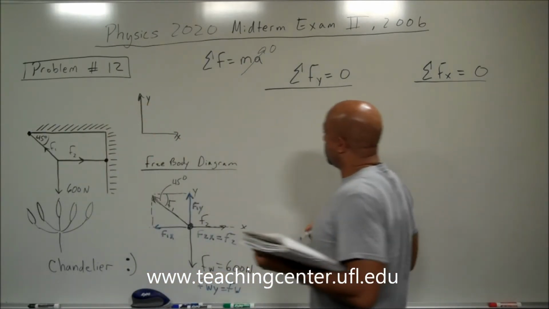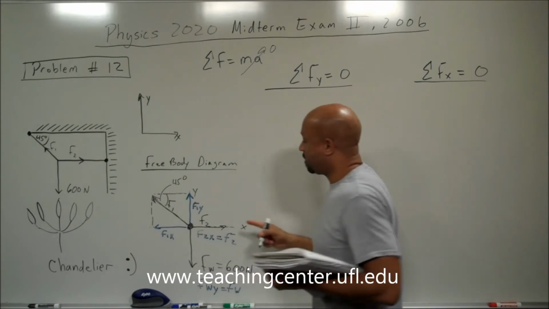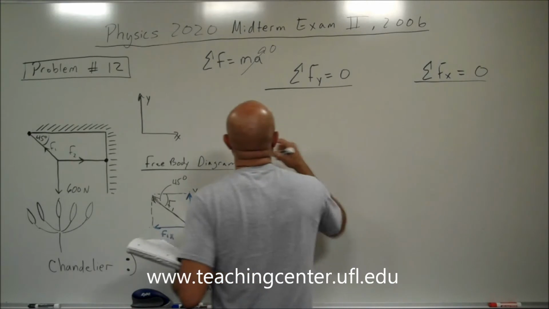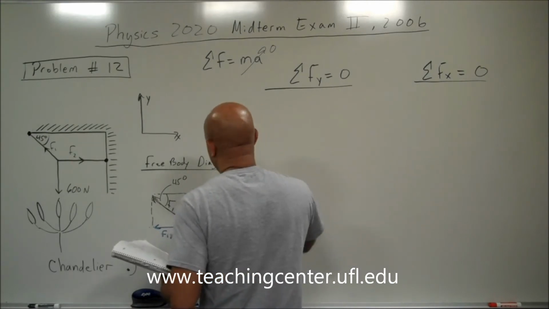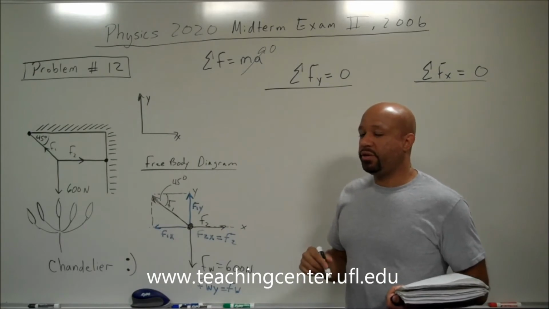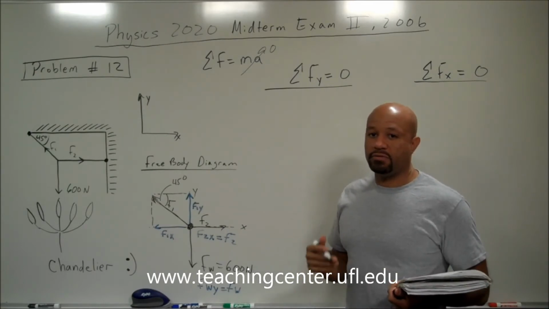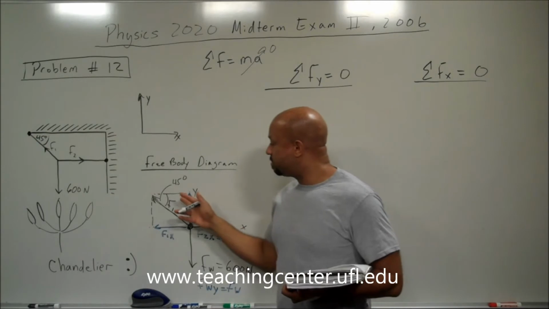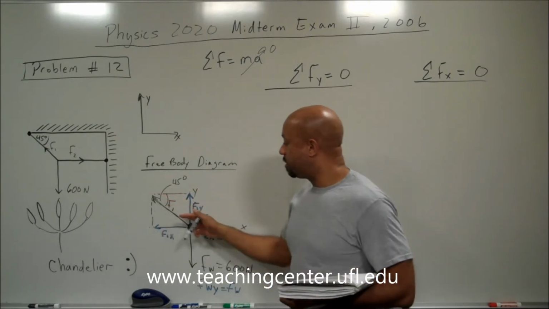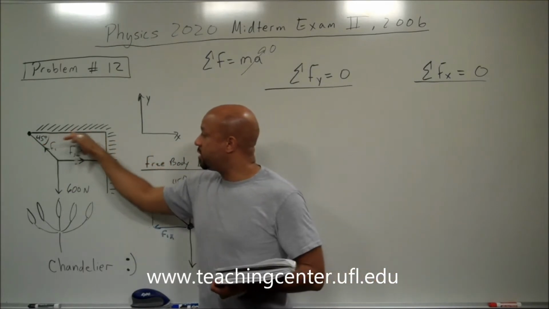All right, so if we sum the forces in the Y direction, we have F1y. In order to determine F1y, we need to use our knowledge of trigonometry, because they gave us additional information about the angle between this force and the ceiling.